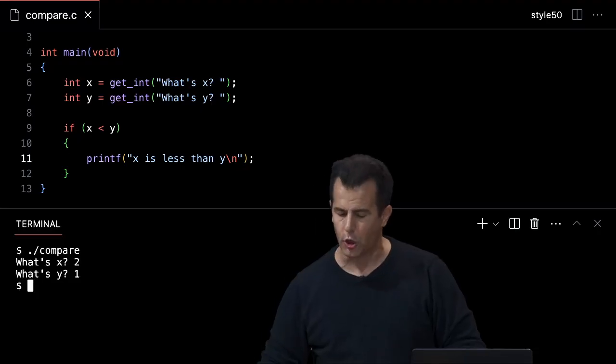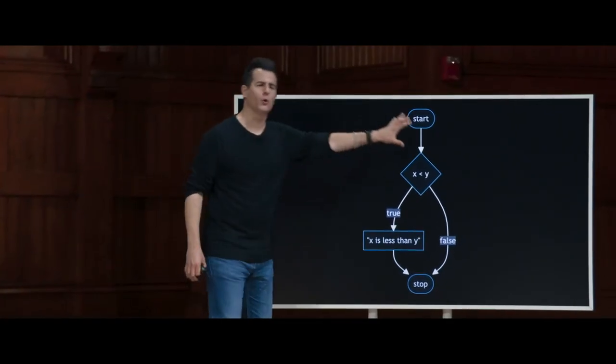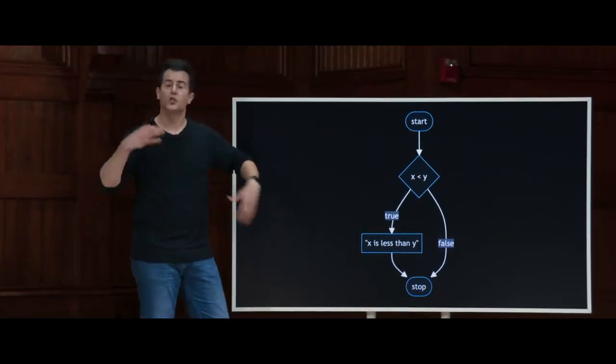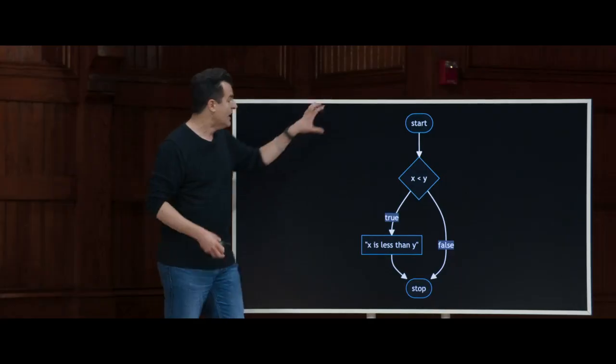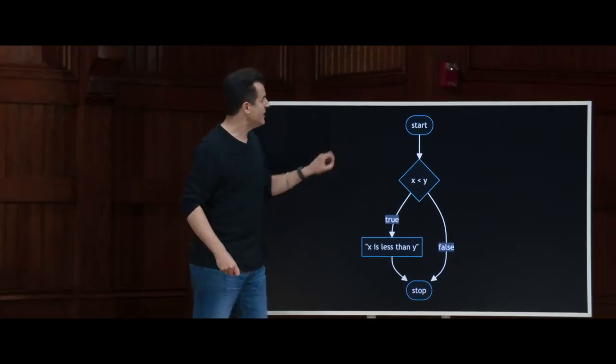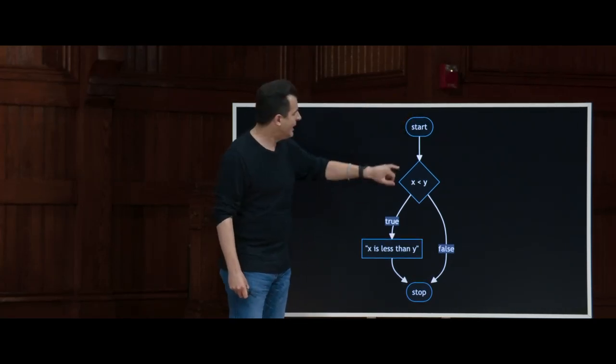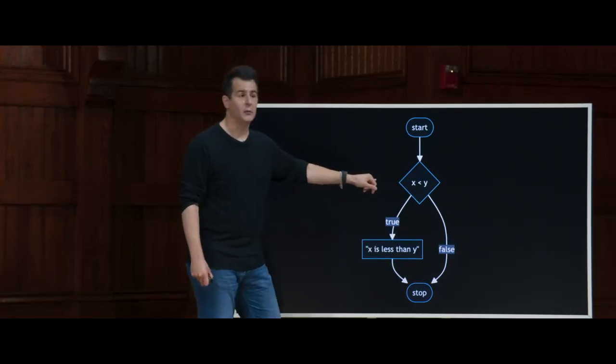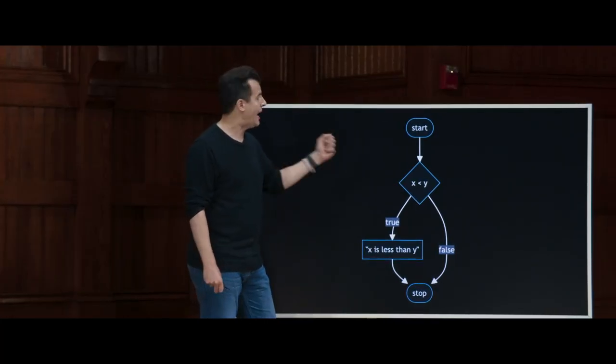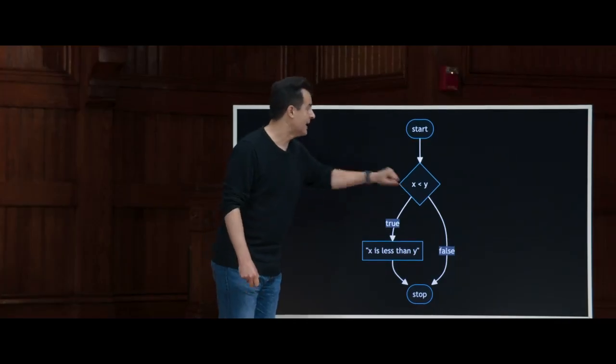Well, if this helps you, you might find it useful to think about the logic of any program, be it in Scratch or C, as kind of a flow chart of sorts. And we'll put up a few of these over time, just in case you're a particularly visual thinker. And this represents what it is I just did. So here in this picture is where the program starts conceptually. And anytime you see a diamond, think of that as a Boolean expression, a question that's being asked. And the question being asked is x less than y?